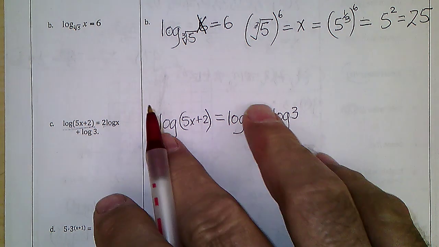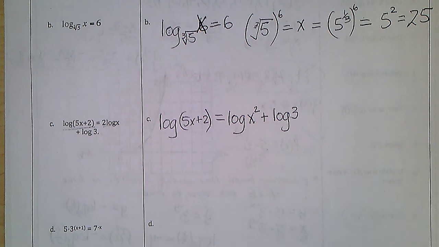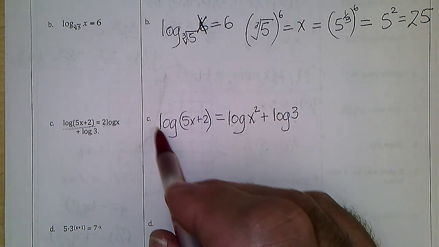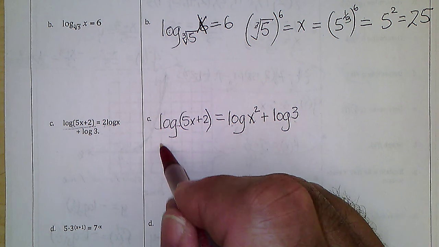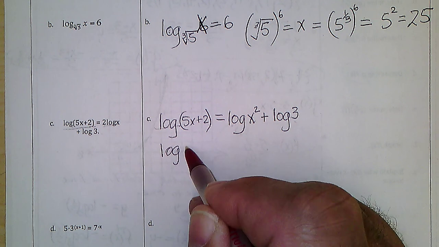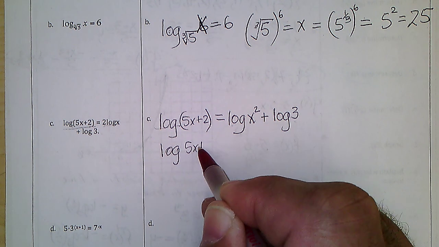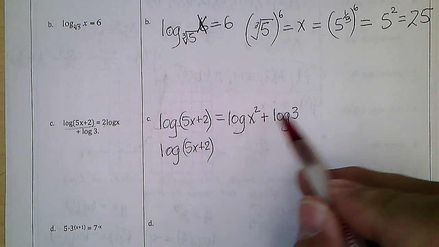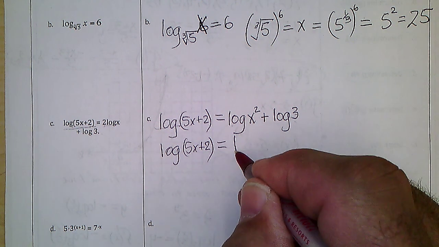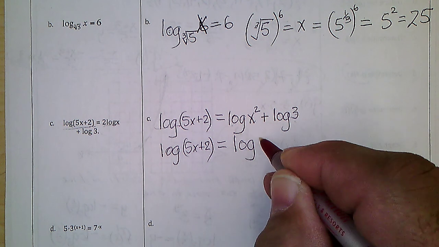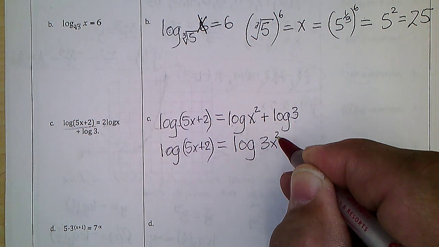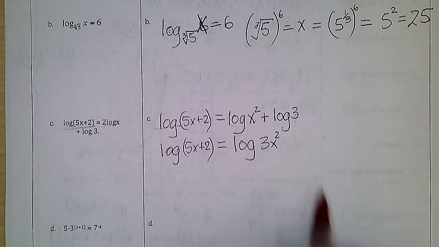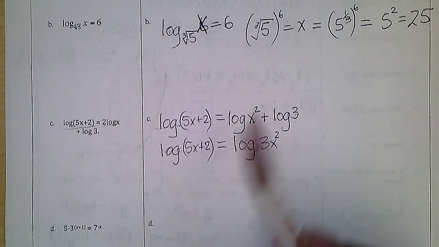Now a lot of people just tried to drop logs there. Can't do it until you get a single log and a single log. So we have to do one more step here before we can drop the logs. When you add logs, you multiply. So it's log of 3 times x squared, not 3x squared plus 3, which a lot of you did.